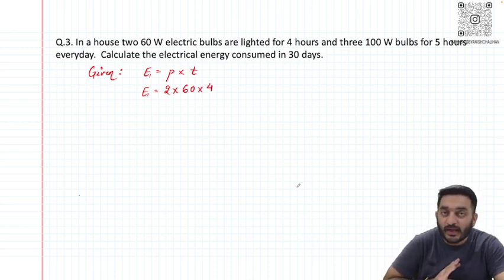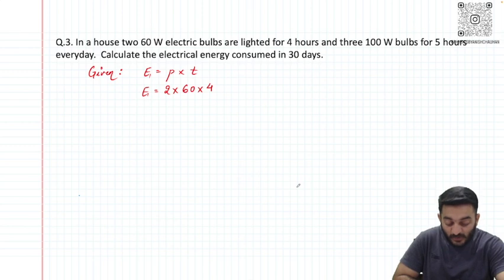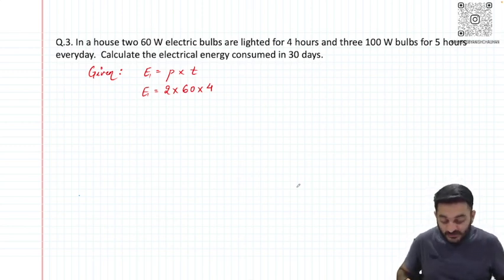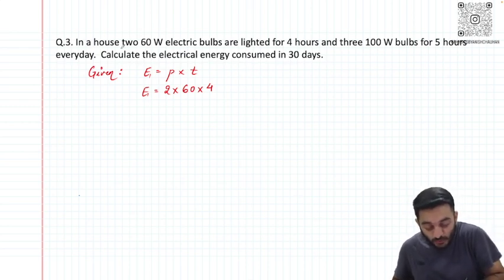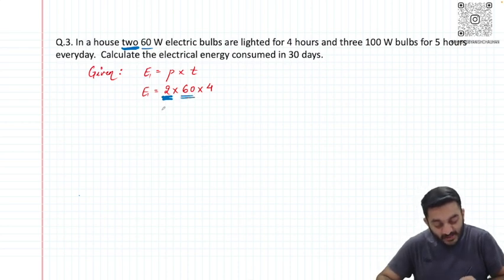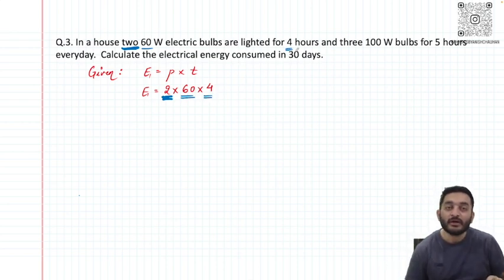Now look here, first the formula which we have is energy consumed equals power into time. For the first instrument in the house, we have 2 electric bulbs, the power of each electric bulb is 60 watt, and they have been running for 4 hours.